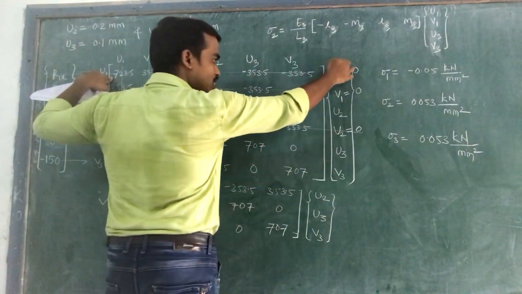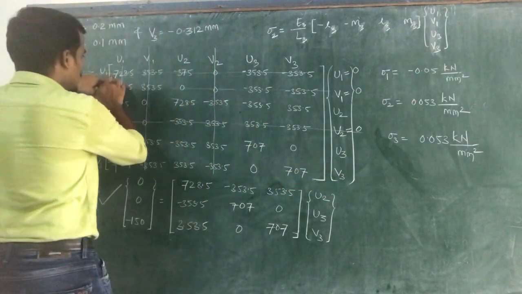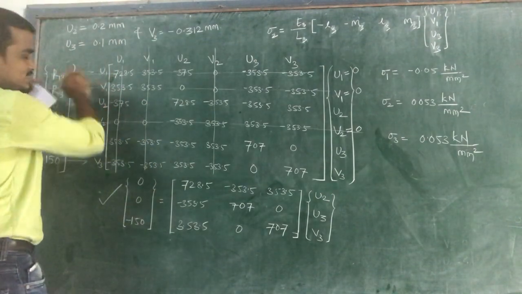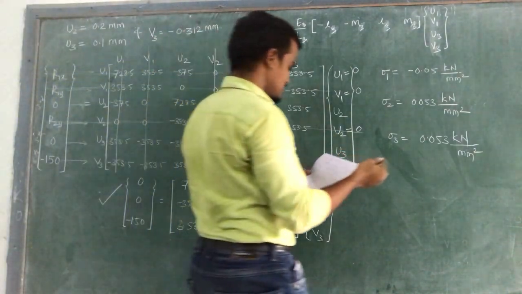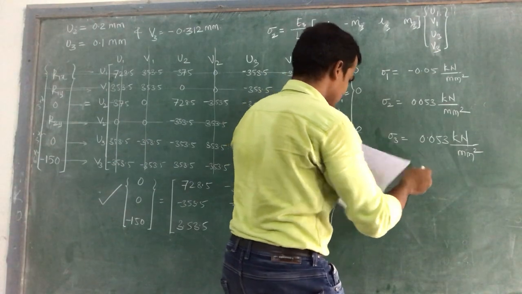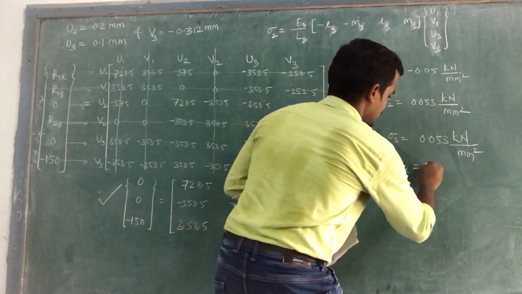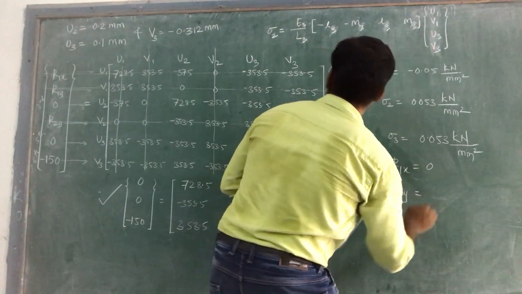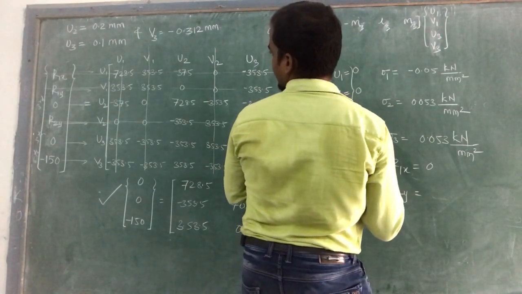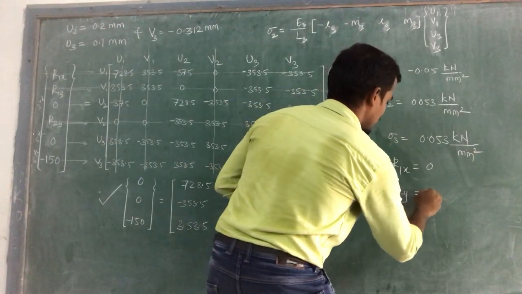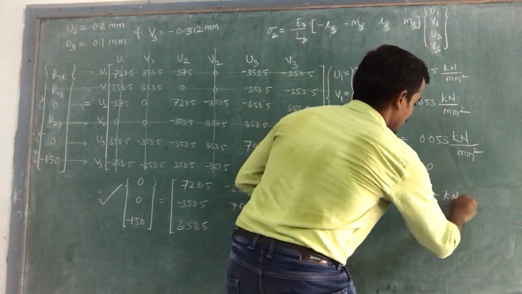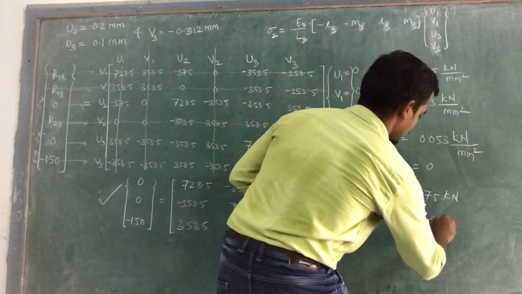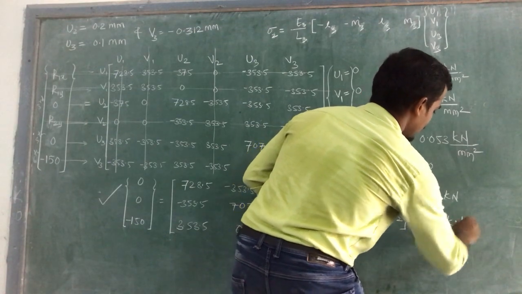As we know all the values now, multiply this row by this column, and you will get R1x equal to 0, then R1y equal to 75 kilonewton and R2y is also equal to 75 kilonewton.